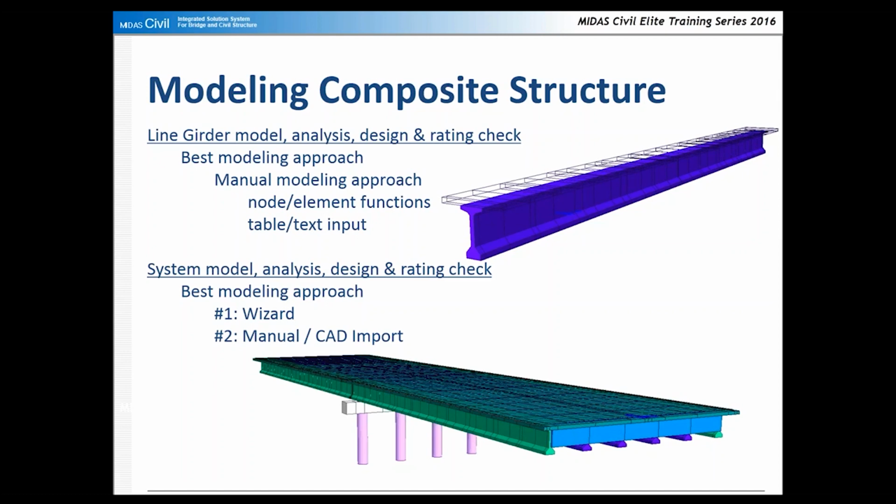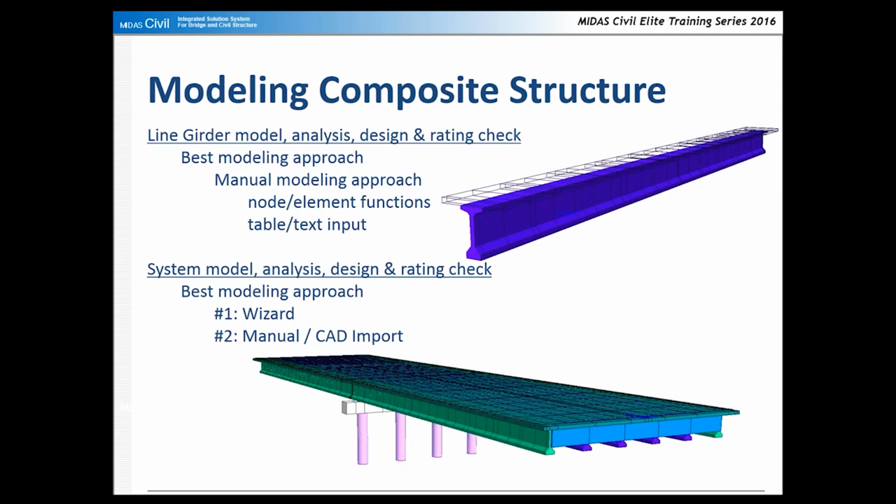However, since we are doing the line girder approach based on what's already established by AASHTO, feel confident to go with the line girder model if you prefer the simpler approach and have the proper conditions for it.